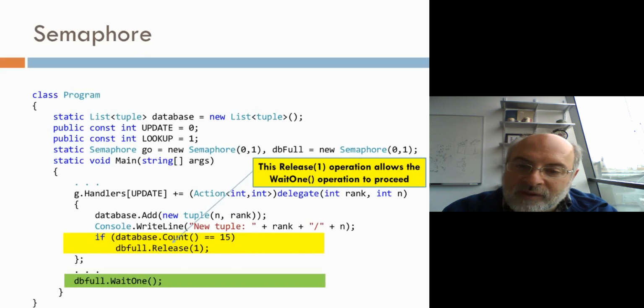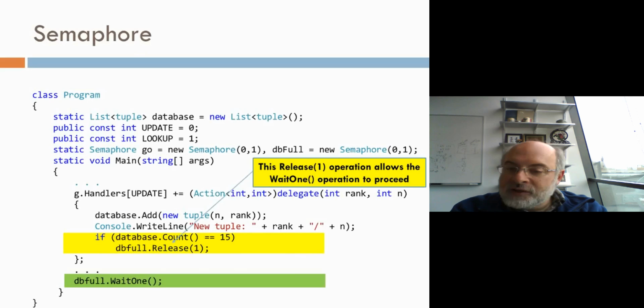Now, where I was heading with this issue of initialization is the following problem. If I initialize to 0, 1, and I only call release 1 time, then what's going to happen is the semaphore is going to go from value 0 up to 1, and the dbFull.wait1 will decrement it to 0. We'll be back at 0. But you'll notice that this update handler could conceivably trigger a second time if we start modifying the program. All right?